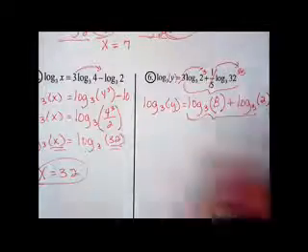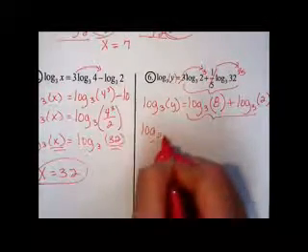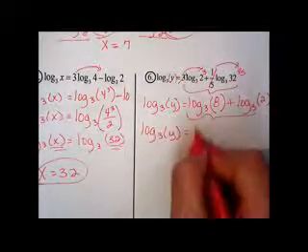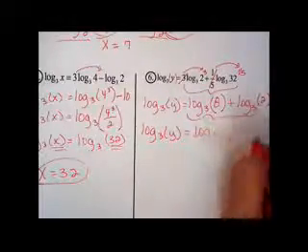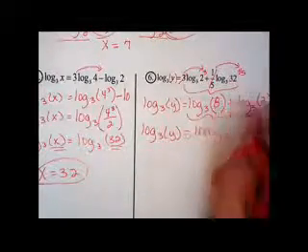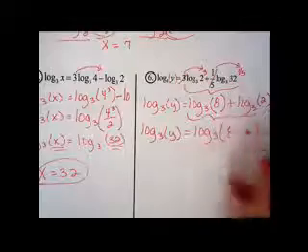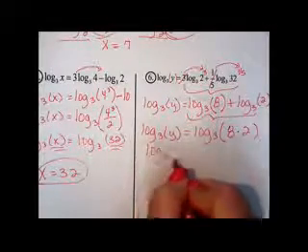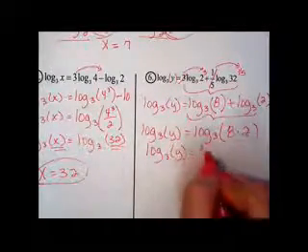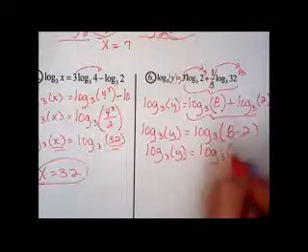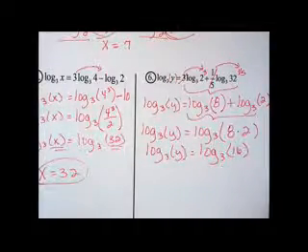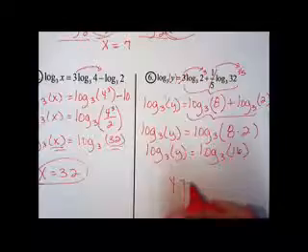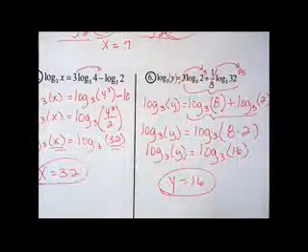The right-hand side is one log. So log base 3 of y equals log base 3 of 8 times 2. So log base 3 of y equals log base 3 of 16. Therefore, y equals 16.